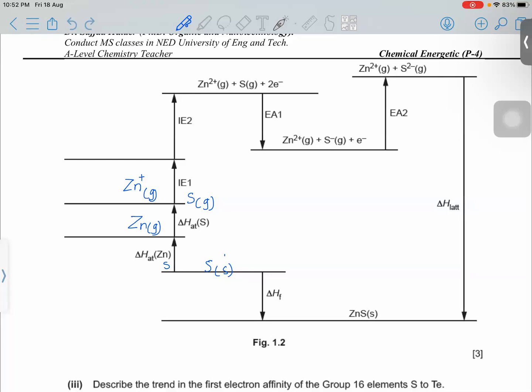No, sir, because they already gave sulfur in the gaseous state in the top row. Yes, it converts into sulfur gaseous, right? So there's no mistake. Right. Now look at the whole cycle and find any more mistakes in it.